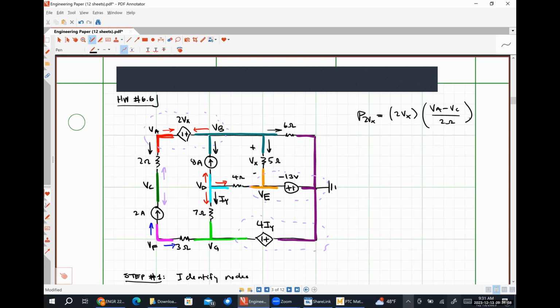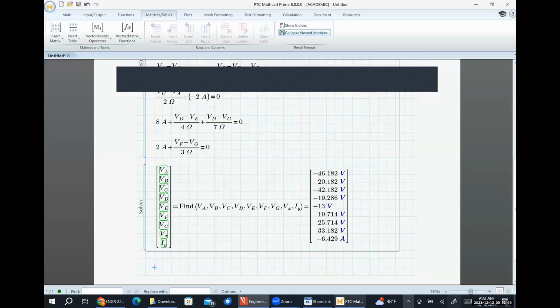We could also express it in terms of VB related things, but that would be a pain because there are so many currents on that side and there's only one current on the other side. So that's why I'm using this, right? So 2Vx times VA minus VC over 2. So I'm going to put it back in my MathCAD sheet, as soon as I figure out where my cursor went.